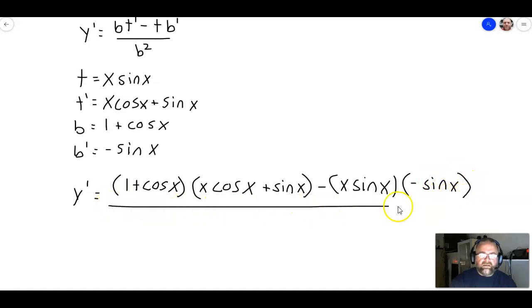And this is all going to be over the bottom squared, so I just leave it in that form: 1 plus cosine of x quantity squared. Whew. And as you can guess, we need to do a lot of work to simplify that.